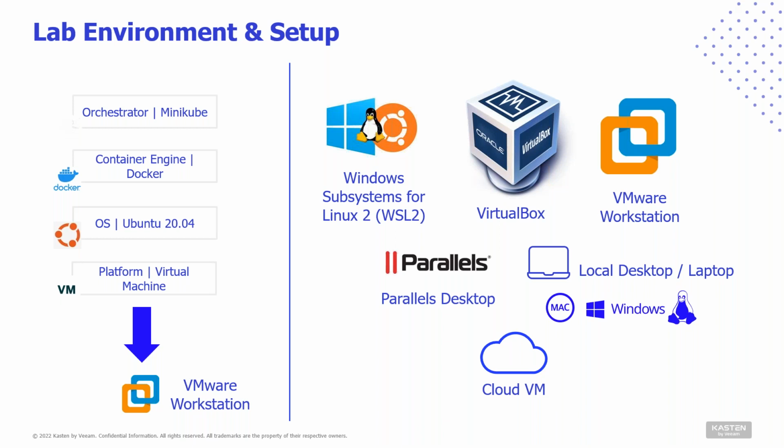You can feel free to use any other container runtime engine. After which, we will deploy some fun and interesting data services on top of Minikube, as well as Kasten on the same instance.